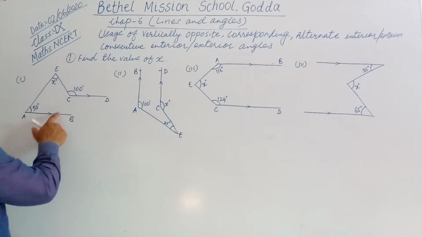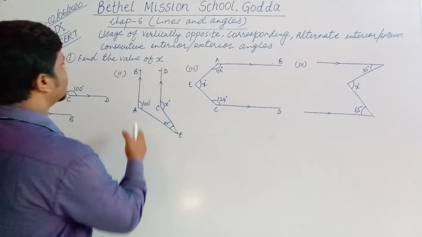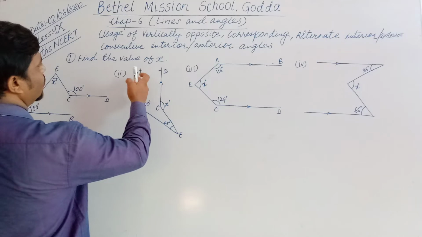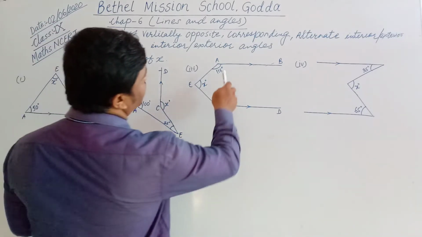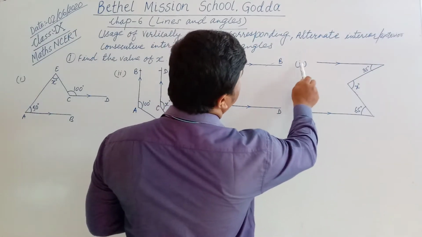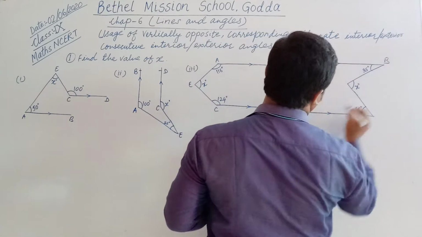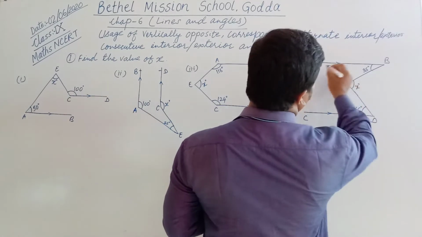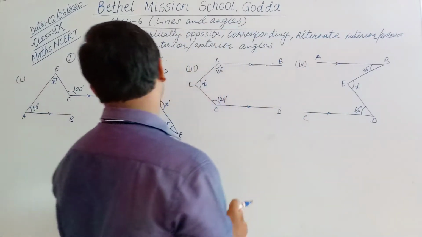These arrows show the lines are parallel to each other. Here also AB and CD have indicating arrows, meaning both lines are parallel to each other. Here also AB and CD are parallel, and here are A, B and C, D, and this is E. So AB and CD are also parallel to each other.